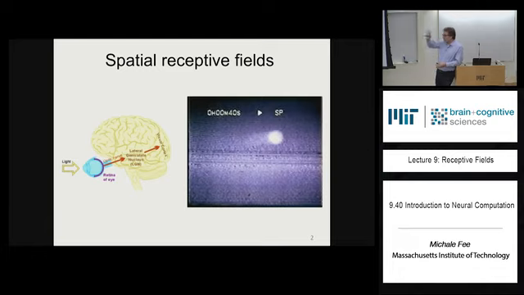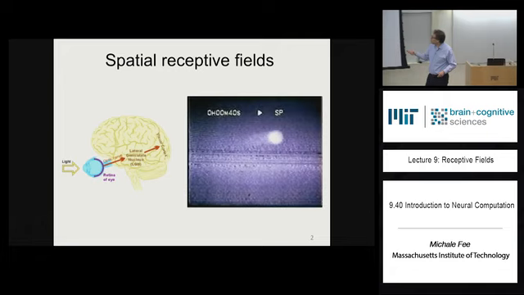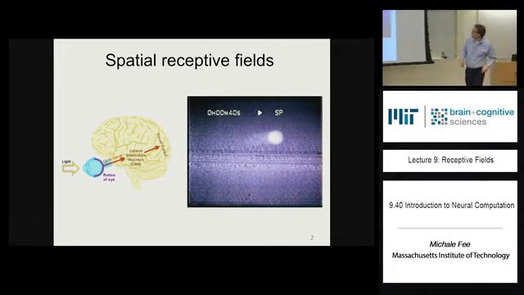They open the eye, and the cat's now looking at a screen where they play a visual stimulus. They did this with essentially a slide projector that they could put a card in front of that had a little hole in it, for example, that allowed a spot of light to project onto the screen. And then they can move that spot of light around while they record from neurons in visual cortex and present different visual stimuli to the retina.